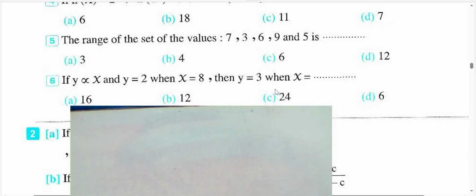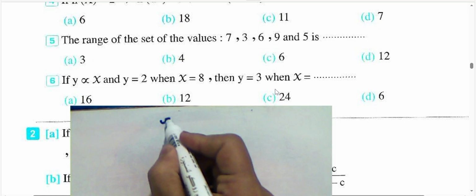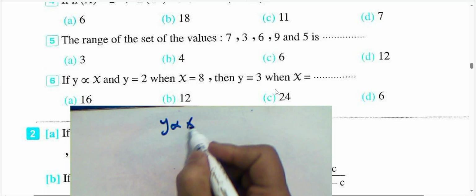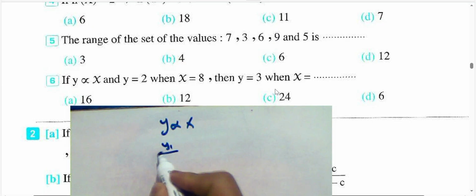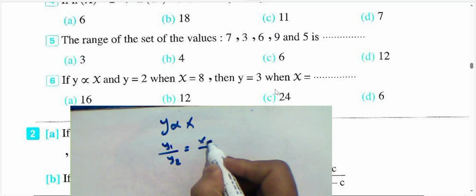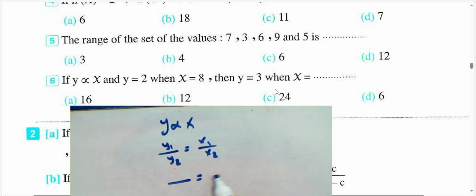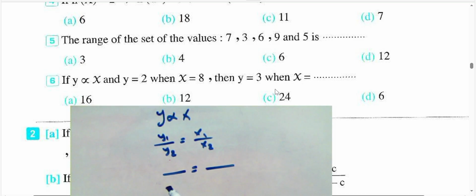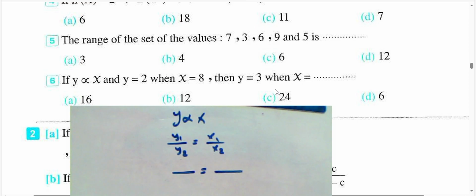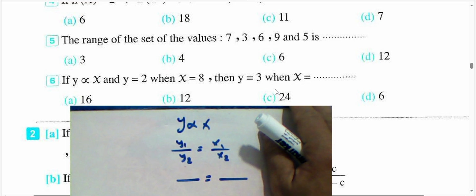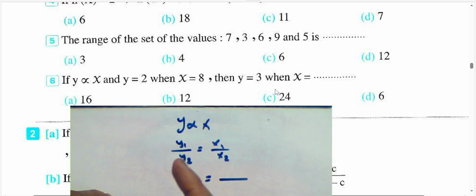y varies directly with x, and y equals 2 when x equals 8. Then x equals what when y equals 3? Okay, you can write the relation here. We have this direct relation between y and x: y1 over y2 equals x1 over x2. He gives me the information here: y1 equals 2 when x1 equals 8.